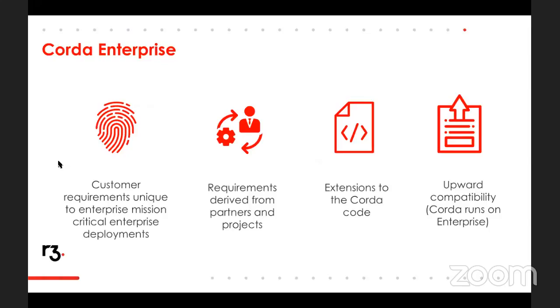So we don't end up with forking, which would be in nobody's interest. Of course, the opposite isn't necessarily true. If you take advantage of enterprise for its non-functional features, then those applications will run just fine on Corda open source. But obviously, if you take advantage of specific APIs or features that are unique to enterprise, then that code won't run on open source, and that's what you'd expect.